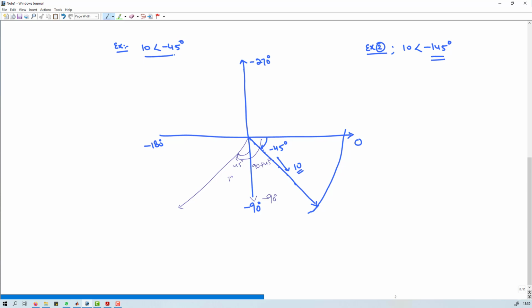But what we need is 145, so we have to add 10 more degrees to the 135 to achieve 145. It also has the same magnitude 10, so you get 10 at an angle of -145 degrees. That is how we can easily draw both the magnitude as well as the angle in a single polar form, where we have both the real axis and the imaginary axis.